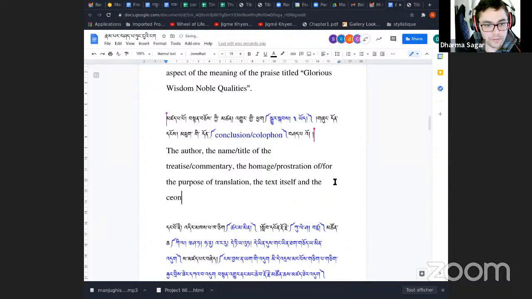And the conclusion and the colophon. Shepao, are explained.